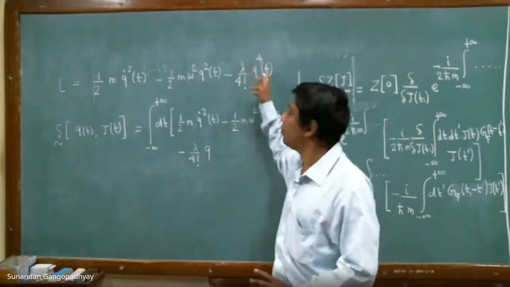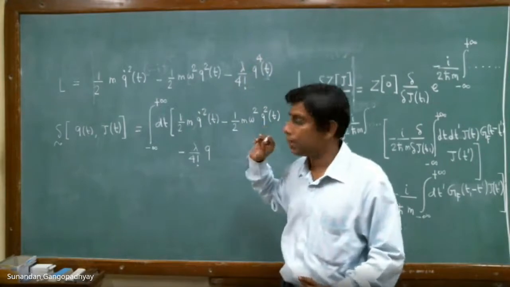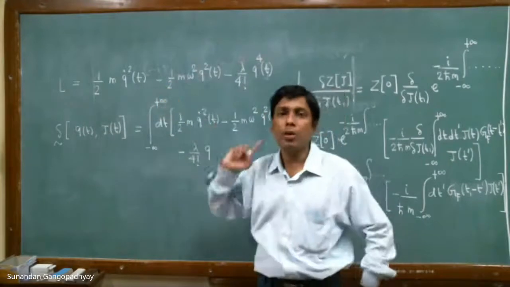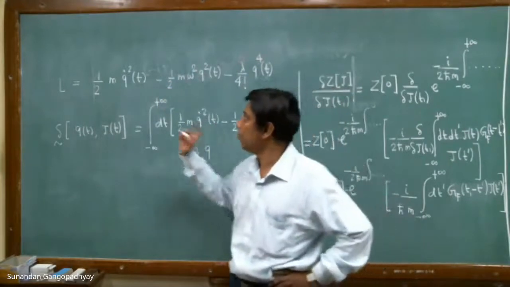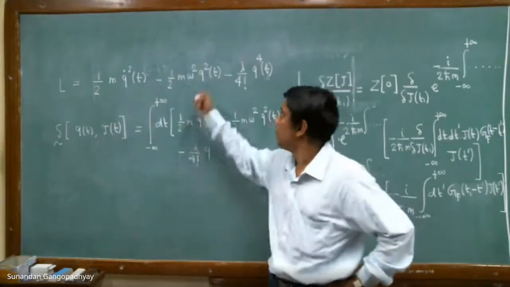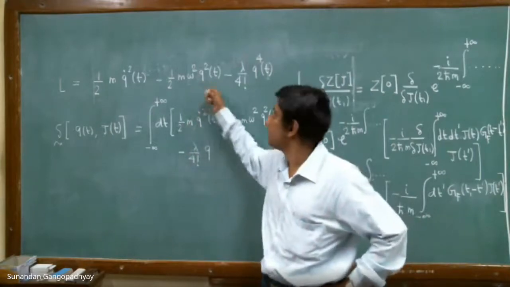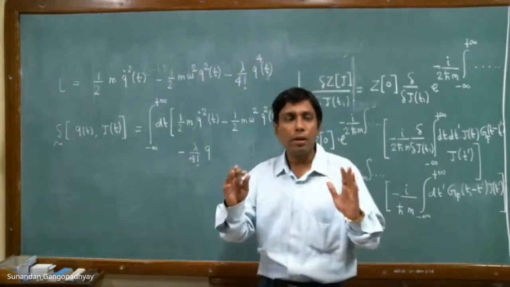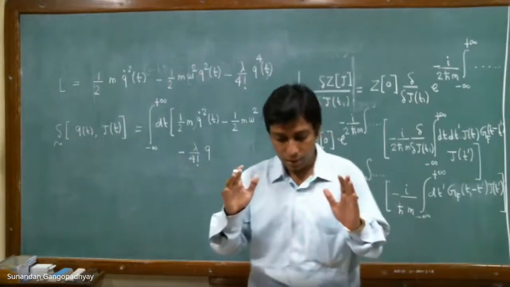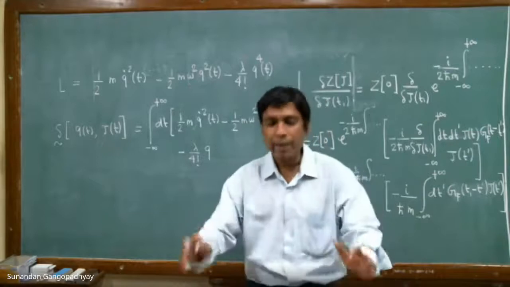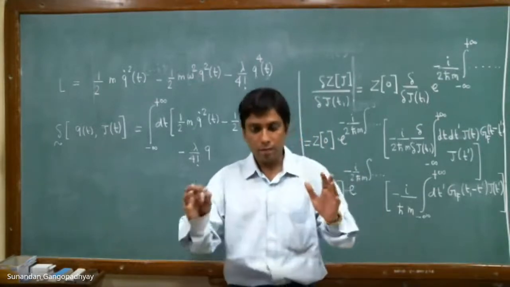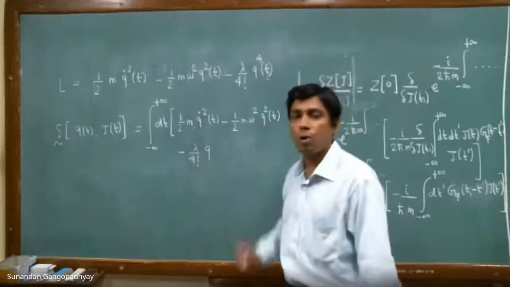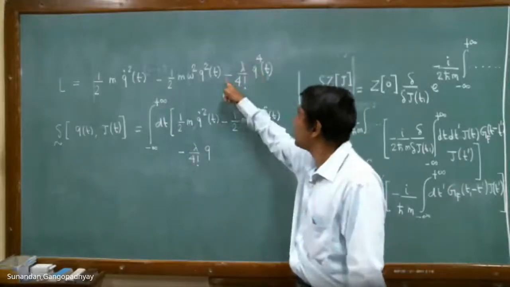But the reason we have put q to the power of 4 is the following: if you calculate the Hamiltonian from here, the Hamiltonian will be what? P square by 2m plus half m omega square q square, so that is the usual non-interacting quantum harmonic oscillator, the Hamiltonian for the non-interacting part, plus the sign will change.